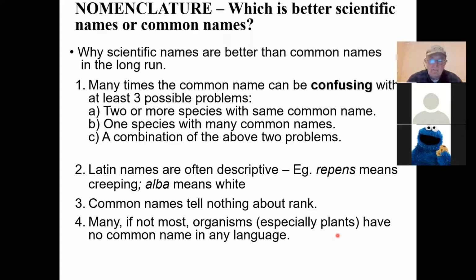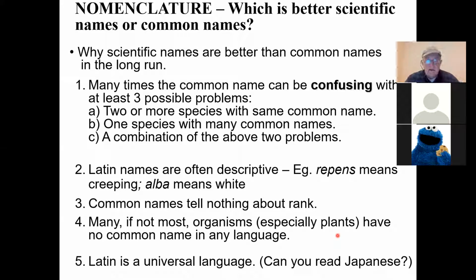It's a whole lot easier to spell mum than chrysanthemum. That's an unusual case where there is a common name, but a lot of plants don't even have one. So you're stuck with the scientific name, or at least usually the genus.